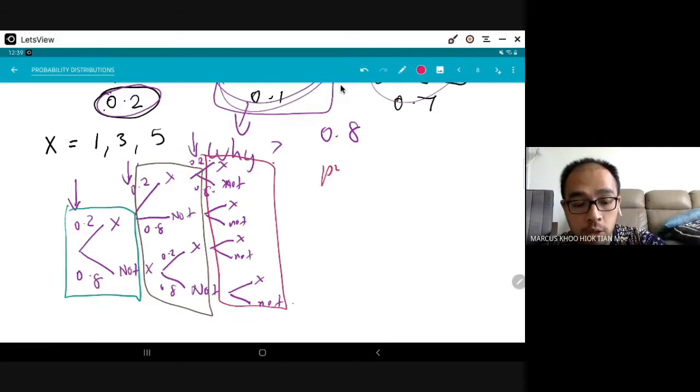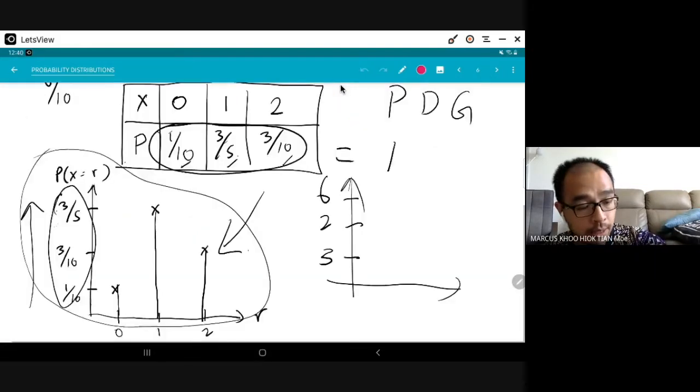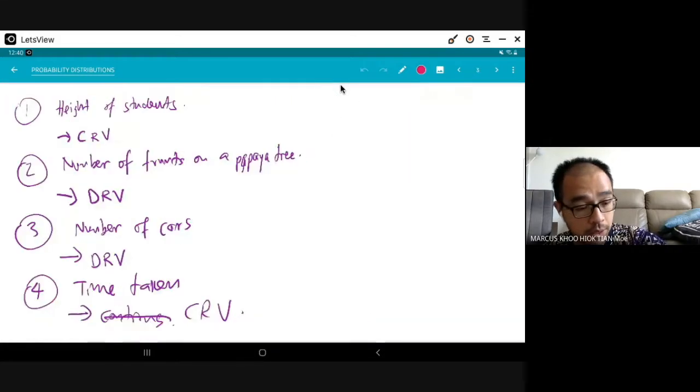Why? Because you always put the ball back. Kamu sentiasa meletakkan itu bola balik. If you remember in our previous example, we did one example of this, no, not this question.